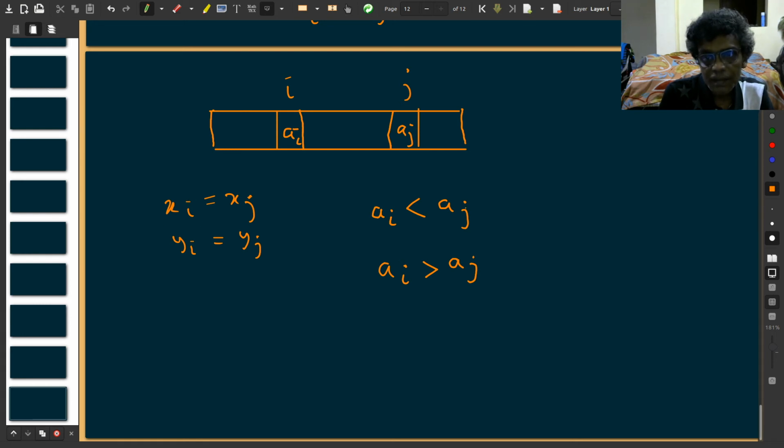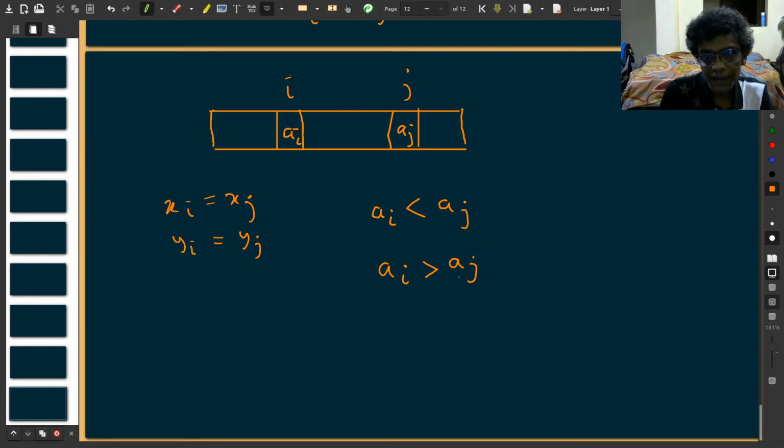And aj is greater than ai, so if I simply append that aj to that longest increasing sequence, I get an increasing sequence ending at aj and of size xi plus 1. So how can I have xi equal to xj?